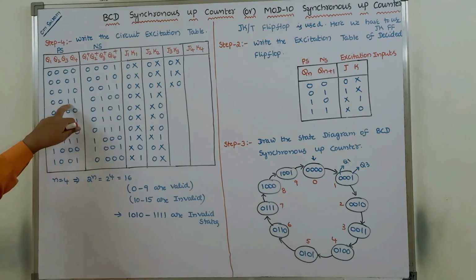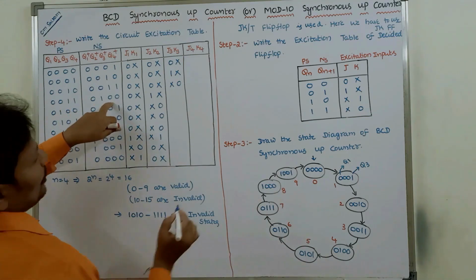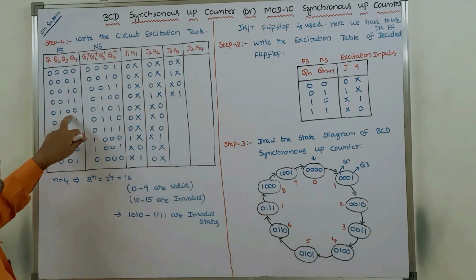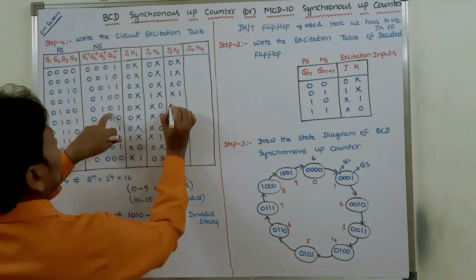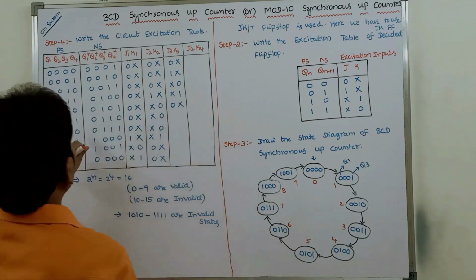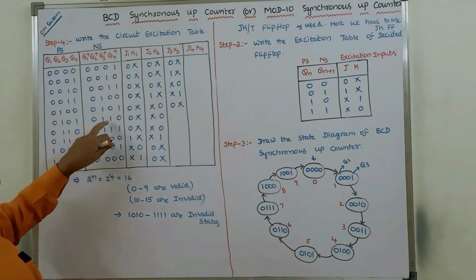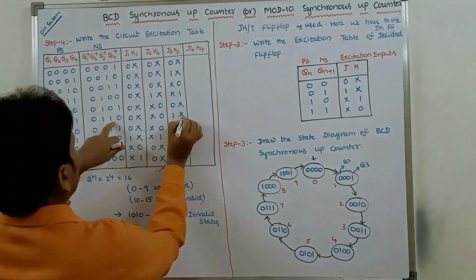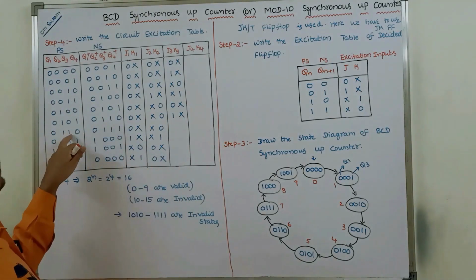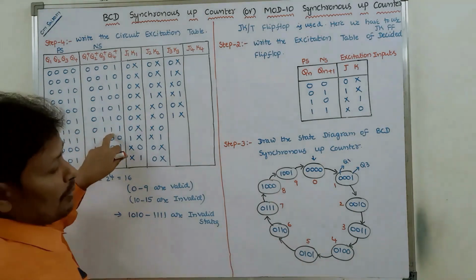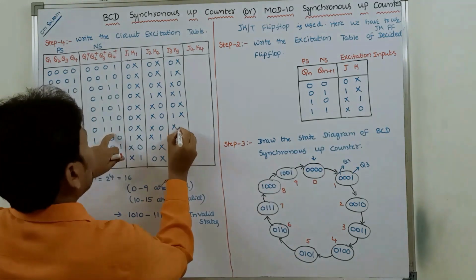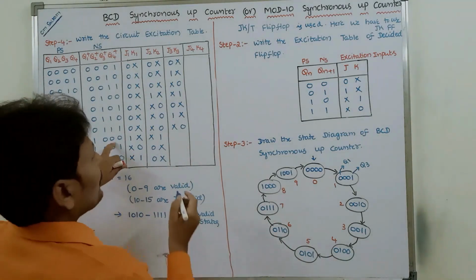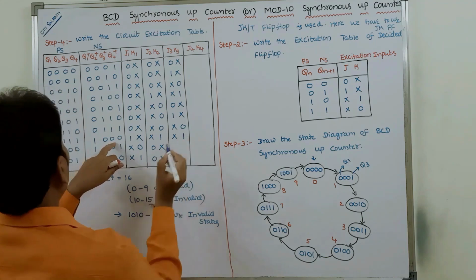Q3 value is 1, Q3 plus value is 0, so don't care, 1.